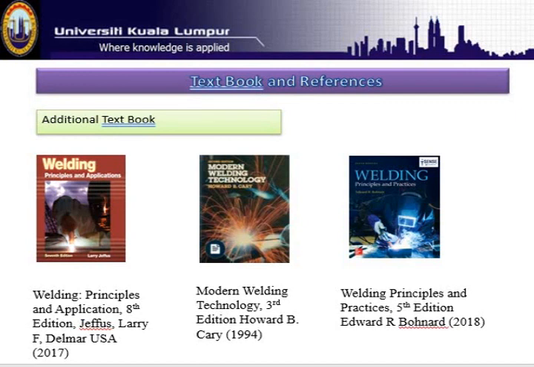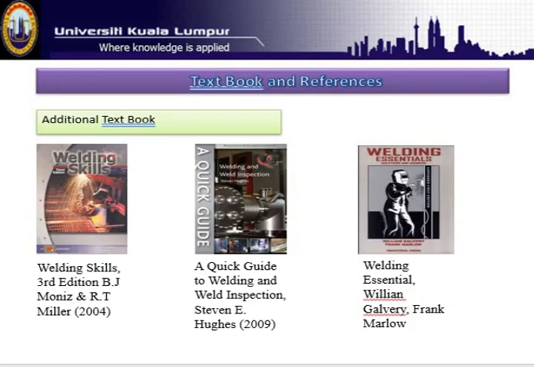Additional textbook references are Larry Jeffus, Welding Principles and Applications; Howard, Modern Welding Technology; and Edward, Welding Principles. Other textbooks include B.J. Moniz's Welding Skills, Stephen Hughes' A Quick Guide to Welding Inspection and Frank Marlow's Welding Essentials.